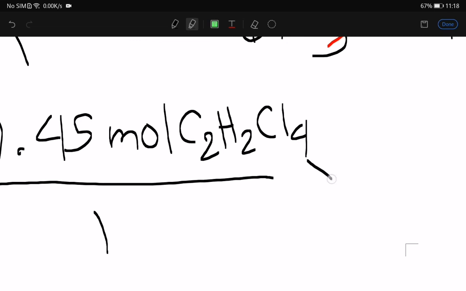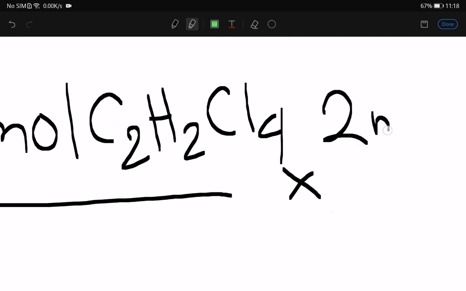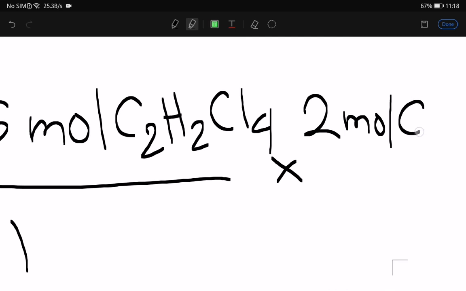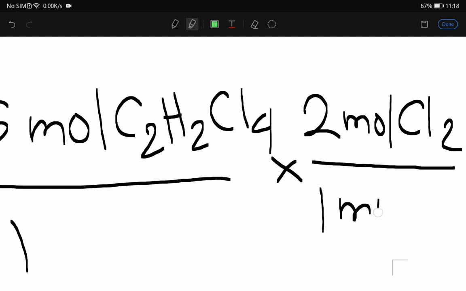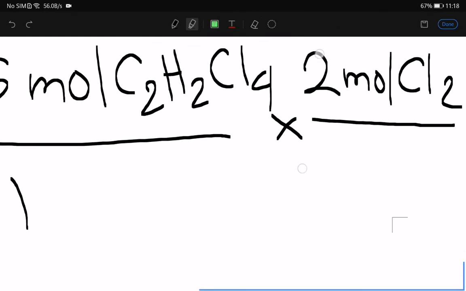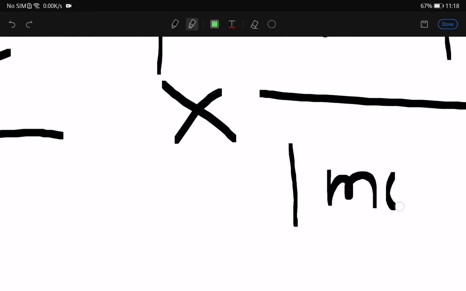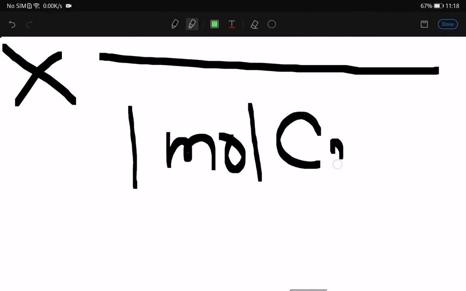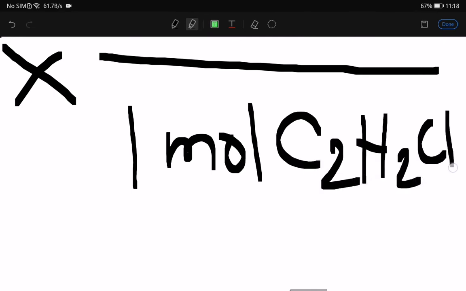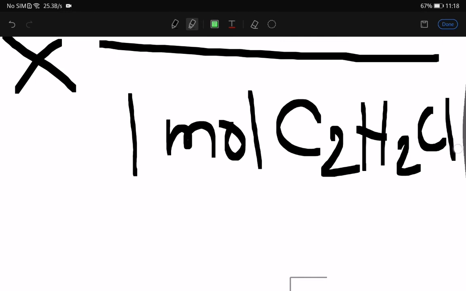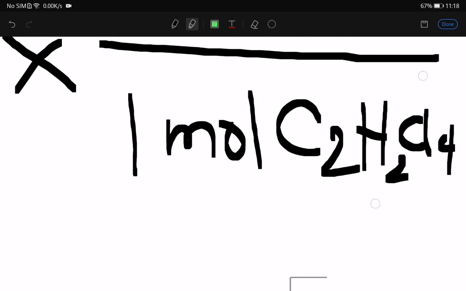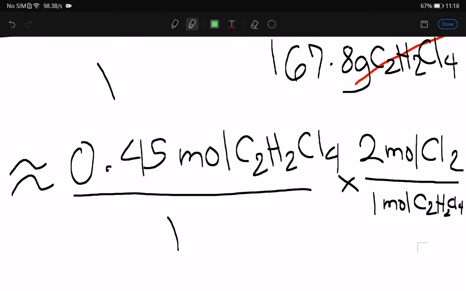So 2 moles of chlorine gas for 1 mole of C2H2Cl4.